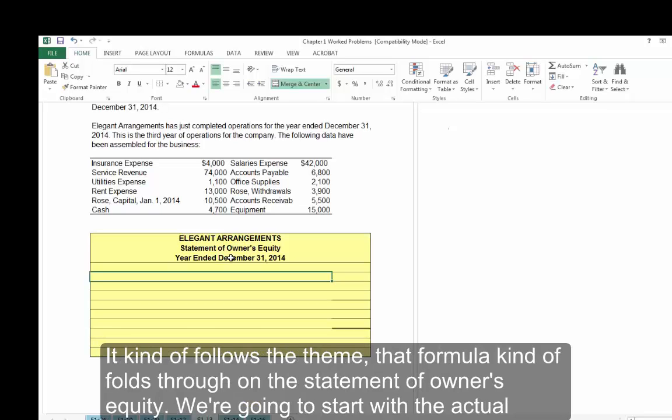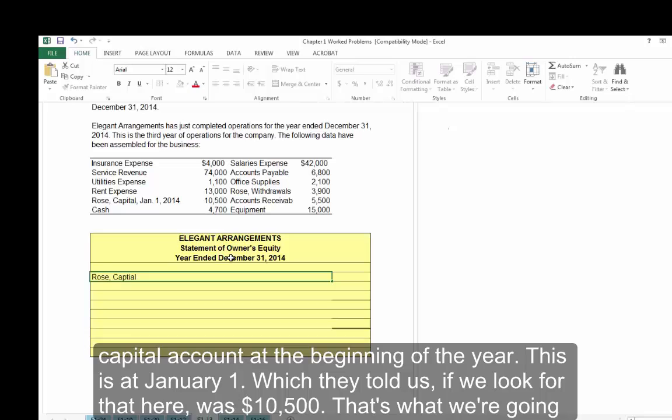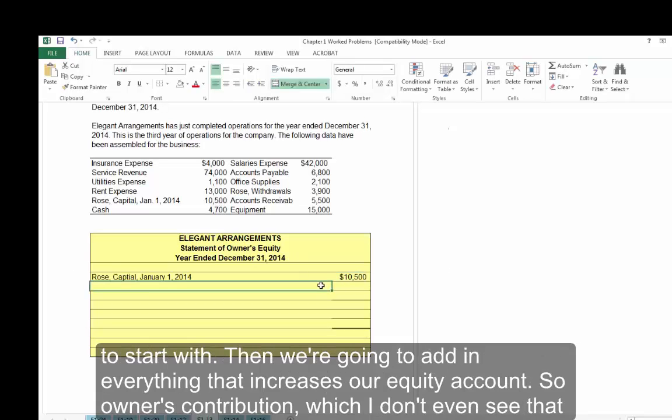That formula kind of flows through on the statement of owner's equity. We're going to start with the actual capital account at the beginning of the year. So this is at January 1, which they told us, if we look for that year, was $10,500. Okay, so that's what we're going to start with.